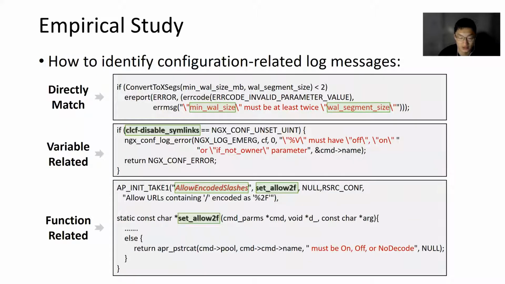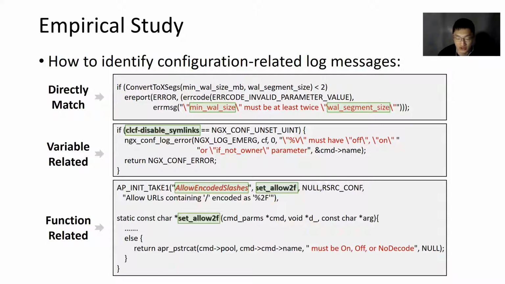To infer constraints from log messages, we need to identify whether a log message is related to a specific configuration option. In our study, we found that 22.4% of log messages directly contain configuration names inside, and 29.4% of configuration-related log messages fall into 2 code patterns.